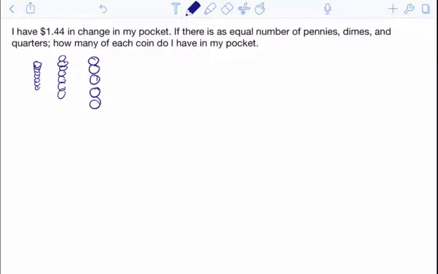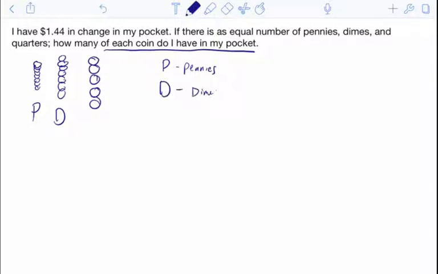Okay, so what's the question? How many of each coin do I have in my pocket? Well, okay, it's a little bit strange. If I have P pennies, I could call that the number of pennies, and the number of dimes, D, and Q quarters.